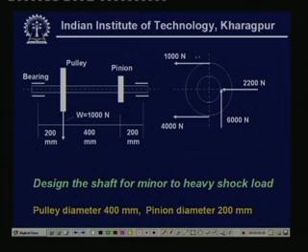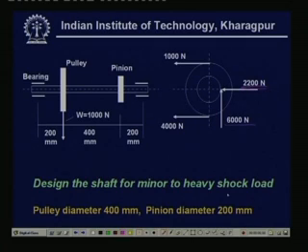Next, this particular pulley will be rotating a pinion, and the pinion in turn will be rotating a gear. So, the gear forces on the pinion have been given here for simplicity, as 2200 Newton and 6000 Newton respectively.